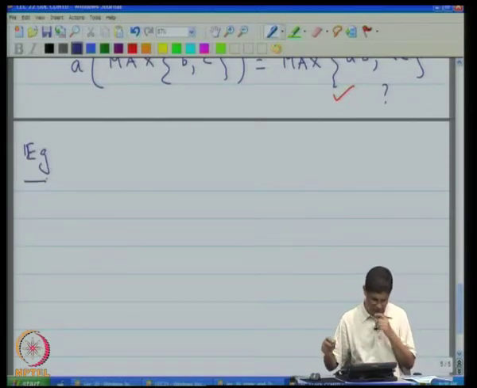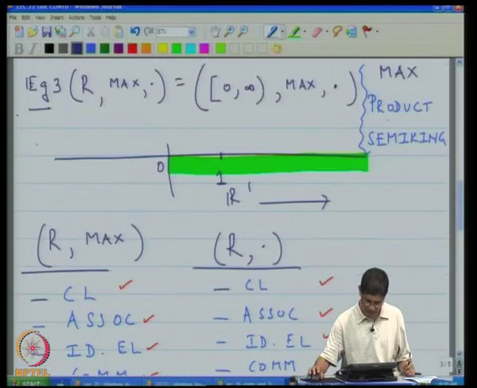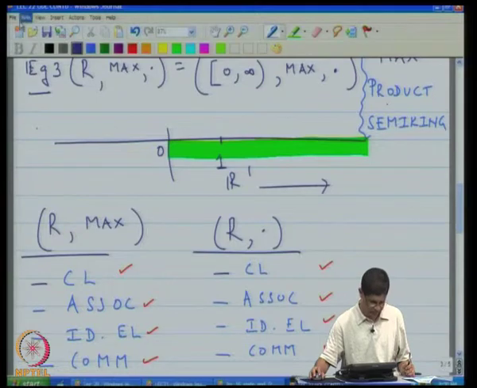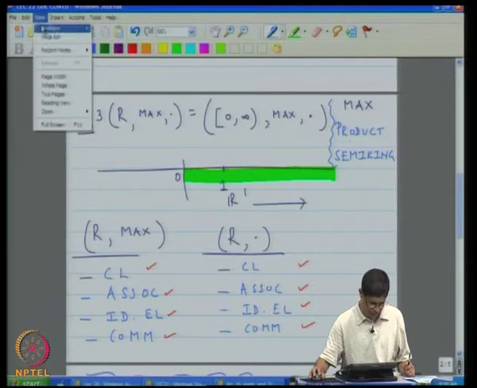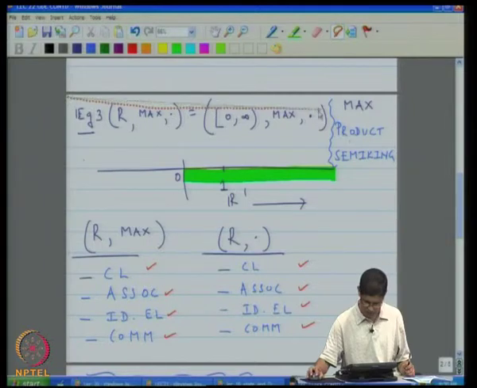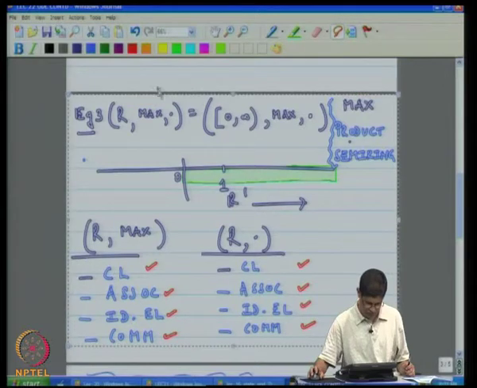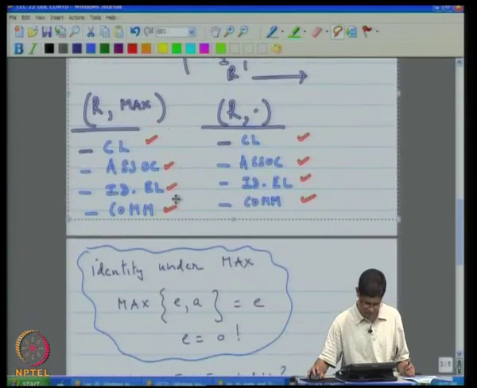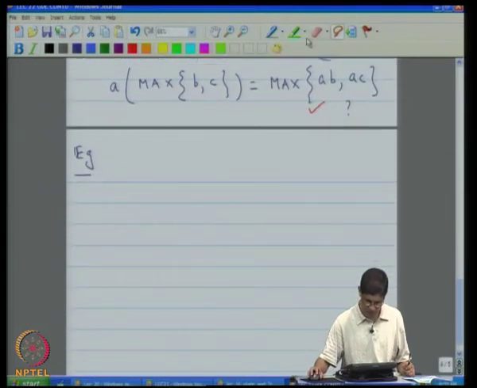So, our last example is that, and perhaps what I will do here is, once again, since this has been helpful, I am going to copy this and put that down here.